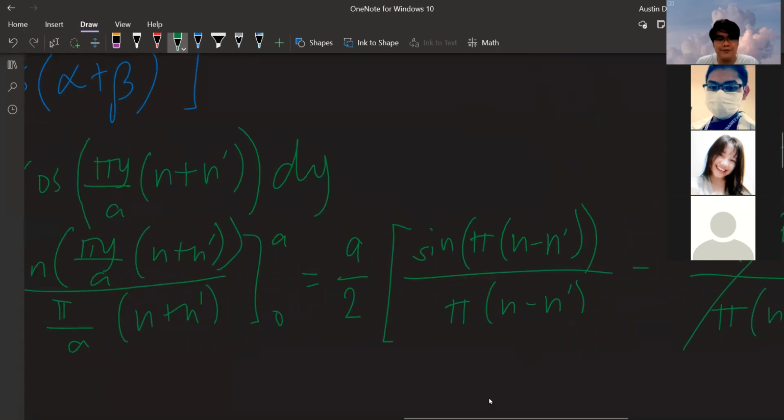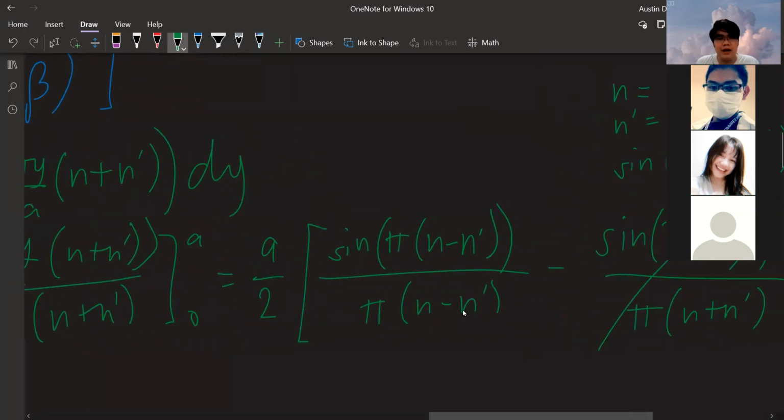Okay? At arbitrary values of this, mag-zero out lang din siya dahil this is a multiple of pi again. Tama? However, at n equals n prime, tingnan natin. Ang mangyayari sa kanya, magiging sin 0 over 0.